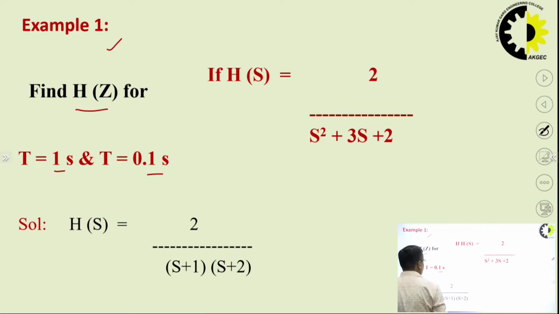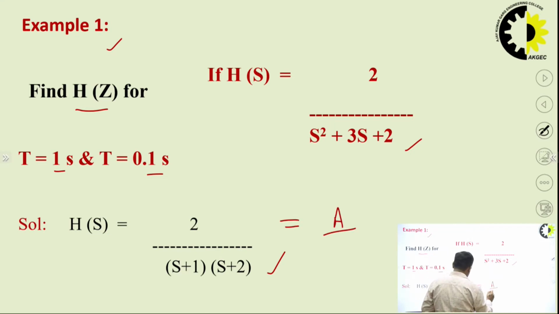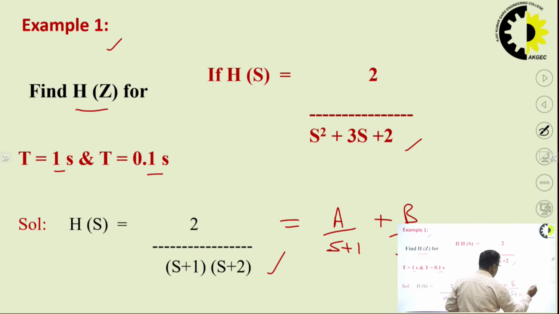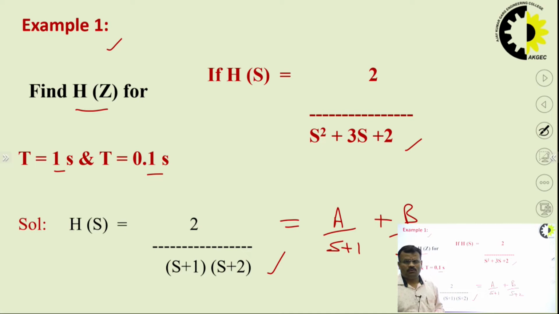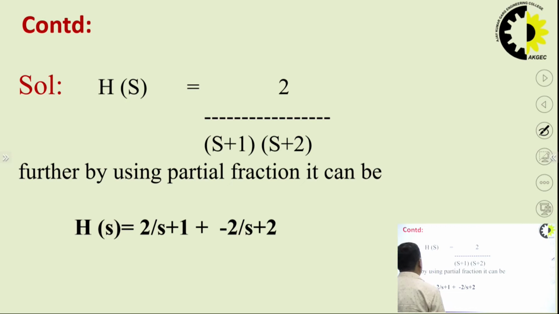So, at first see whether factorization is possible or not. If you see here, you will get 2 upon S plus 1 into S plus 2. Now, for further simplification you have to do partial fraction. So, how will we take? It will be A upon S plus 1 plus B upon S plus 2. Now, using the partial fraction method, you can calculate the values of A and B and put them into the equation.